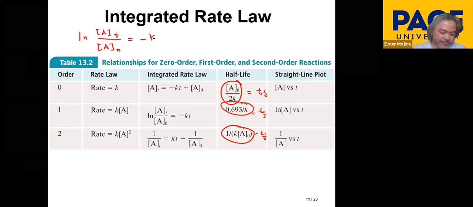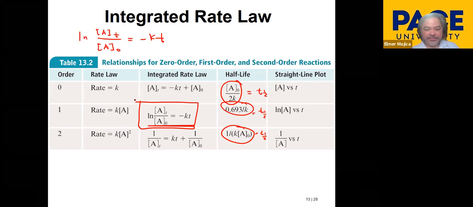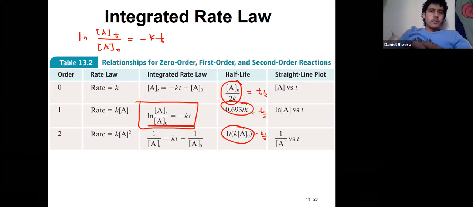Equals negative kt. So where do you think that 0.693 came from? How did we end up with that coming from here? The ln. Okay, the ln.